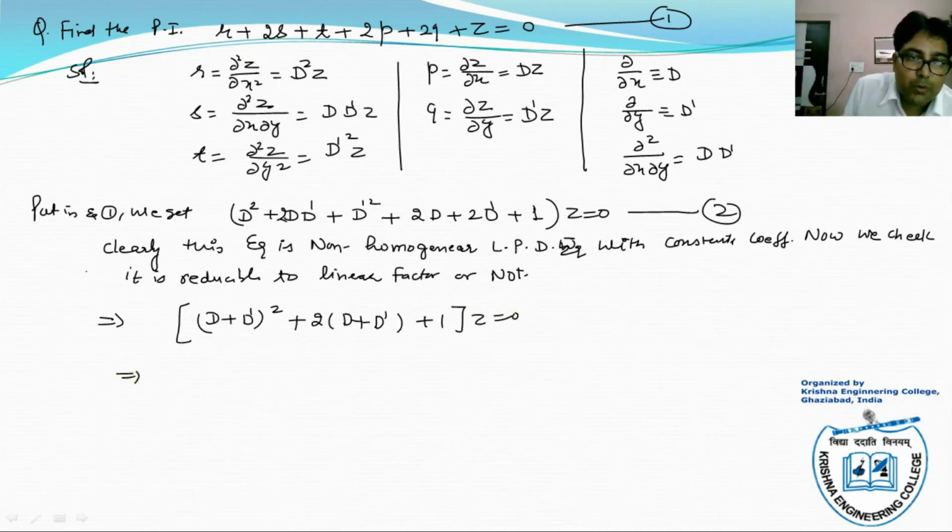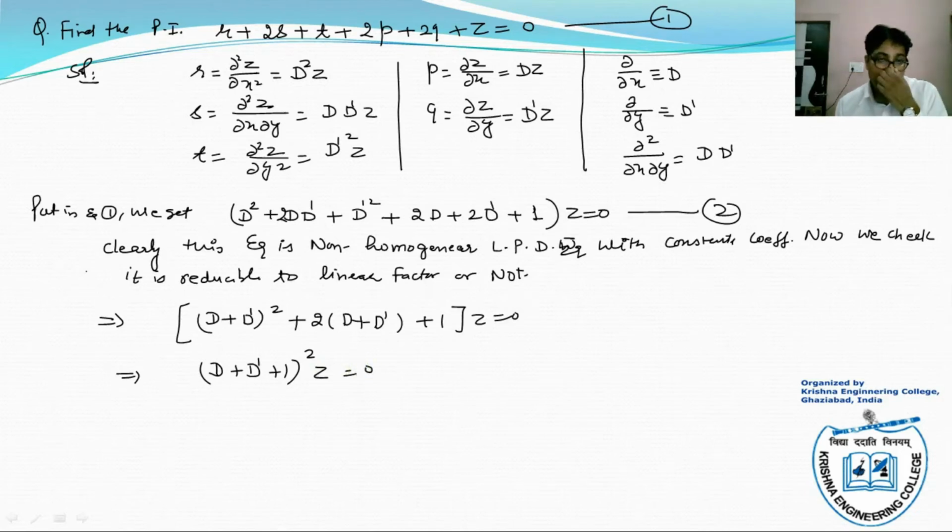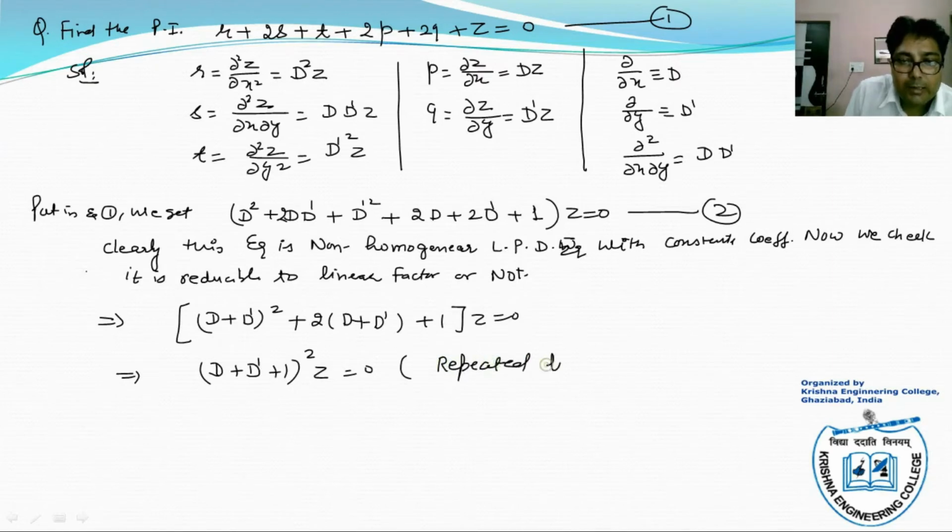This is the perfect whole square of D plus D dash plus 1. D plus D dash plus 1 to the whole power 2, z is equal to 0. Here this is reducible to linear factor and it is a repeated linear factor, repeated two times.